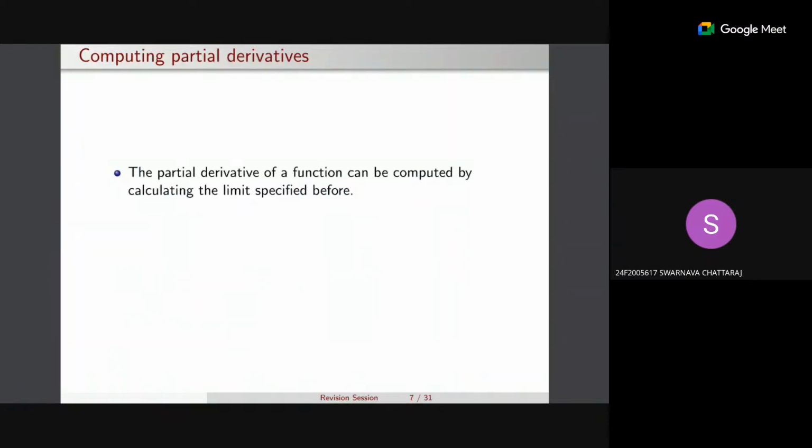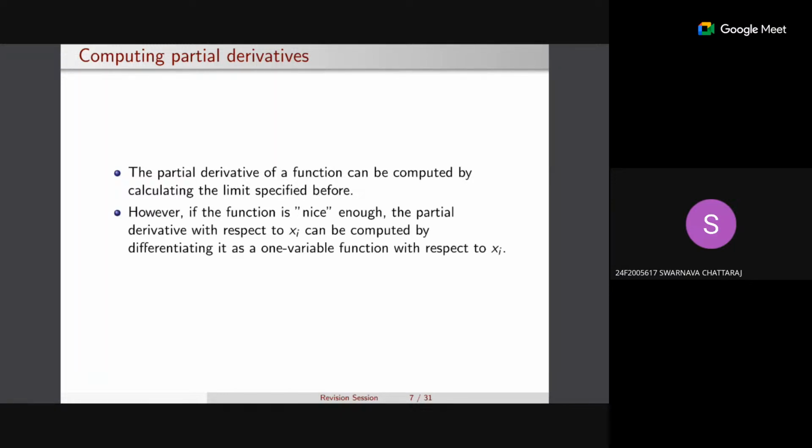So the partial derivative of a function can be computed by calculating the limit. That is the first principles way of doing it. If you have any function, you can set up that quantity, analyze its behavior as h goes to 0, and then the limit will be the partial derivative.